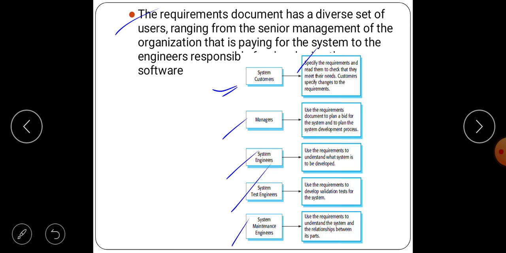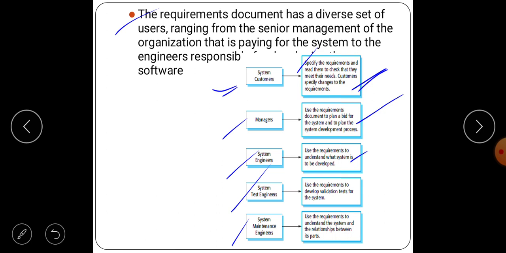If the customer needs any changes, that is also mentioned here. Next, managers use the requirement document to plan a bid for the system and to plan the system development process. Why will the manager use this document? For this purpose.